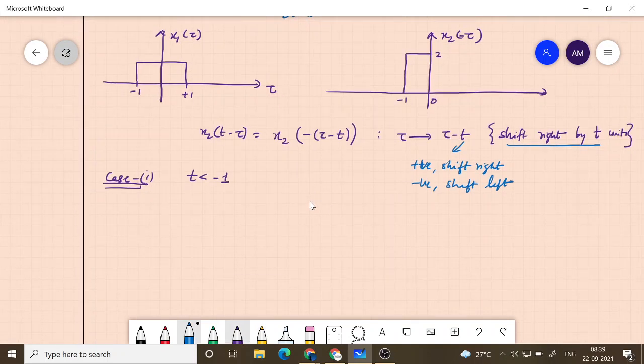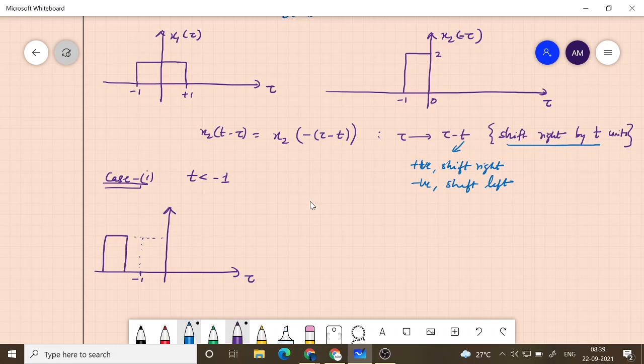So if I redraw this for case 1, this is tau, and this is our minus 1. Earlier the function was like this. Now I have shifted it more than 1 unit to the left, so it is somewhere like this.